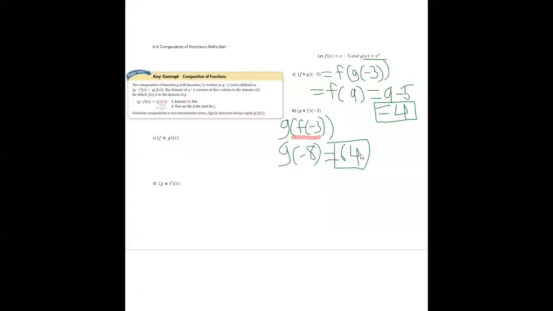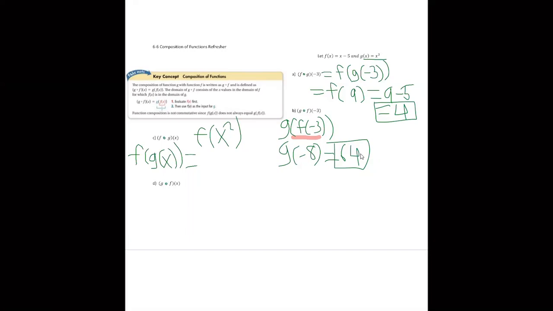All right, and then I just wanted to look at a couple more examples of composite functions where we're looking at a variable. Say you had f of g of x. Since we're not plugging in a value, what is g of x? Well, g of x is x squared. So I'm going to plug x squared in for x in my f of x function.